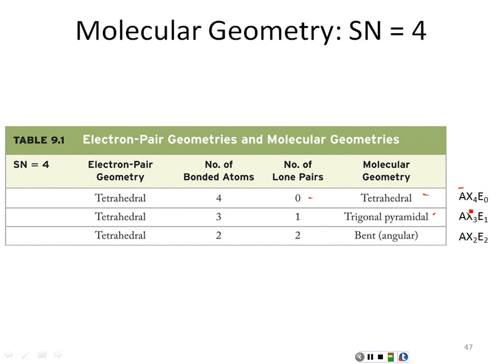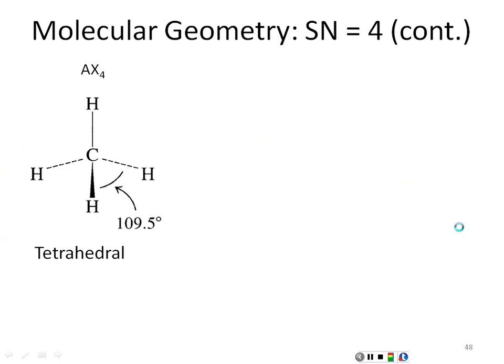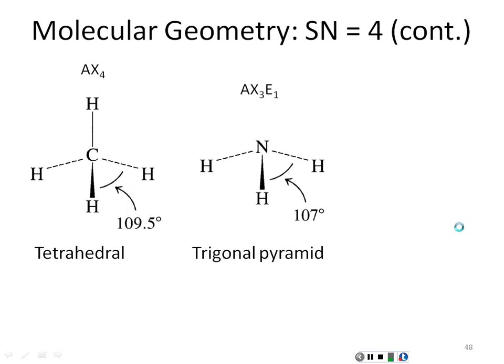Formula is AX3E1. And finally, if we have 2 lone pairs, our molecular geometry becomes bent, and our formula is AX2E2. So let's look at some examples. Methane, AX4, tetrahedral molecular geometry, as we've seen. The bond angle is 109.5.